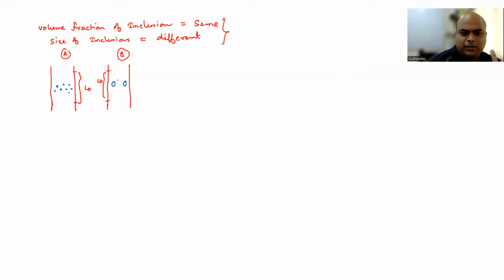And approximately, I am saying that the volume fraction of A is going to be equal to B. So here, the size of inclusions in A is smaller than the size of inclusions in B. Okay.